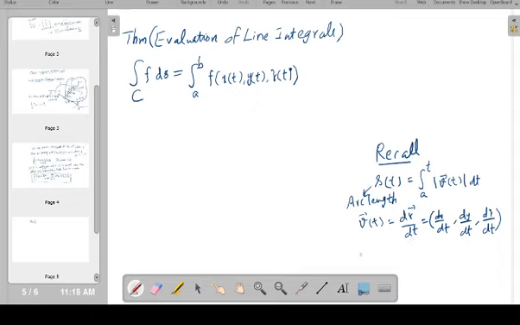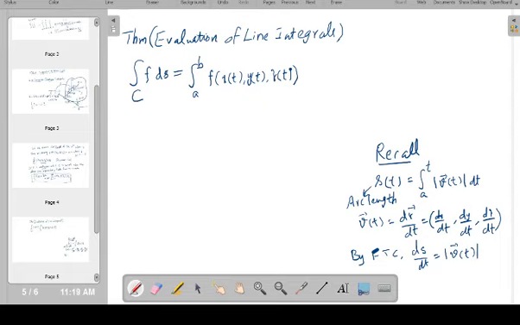And by fundamental theorem of calculus, I have s is differentiable and ds by dt equal to value of the integrand at the upper limit. That means modulus of v of t.